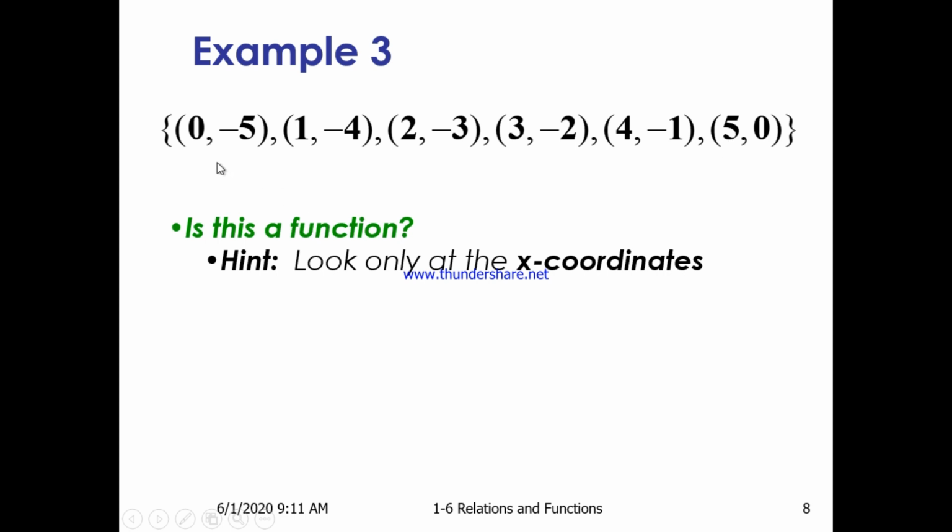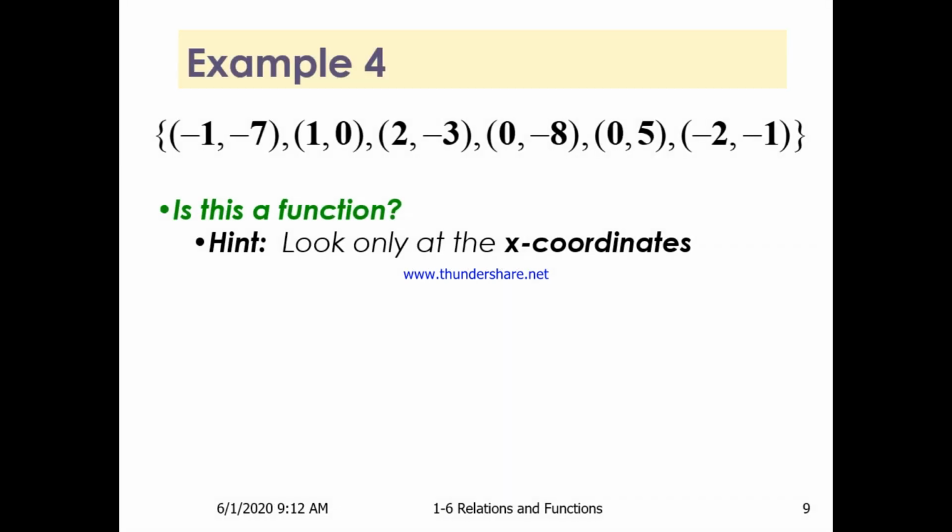Try to look at the domains to see if any repeat. There are none that repeat. Therefore, this set of ordered pairs, this relation, is a function. It is not a function if there is a repeat. By the way, the second coordinate has no bearing. It doesn't matter if the second coordinate repeats, as long as the first coordinate does not repeat.